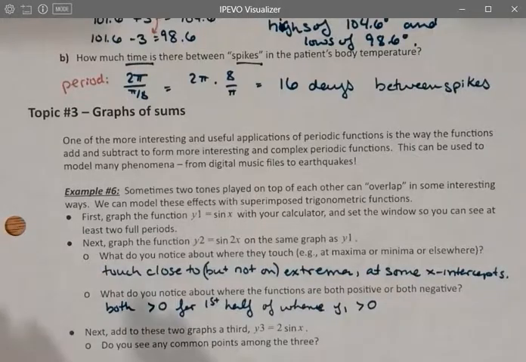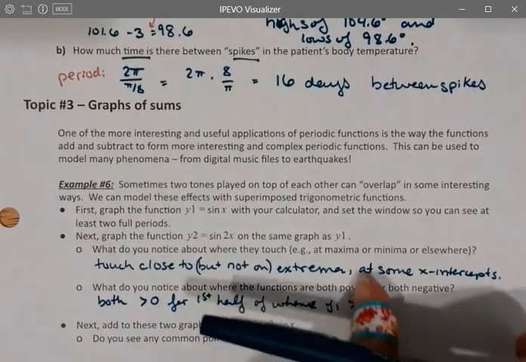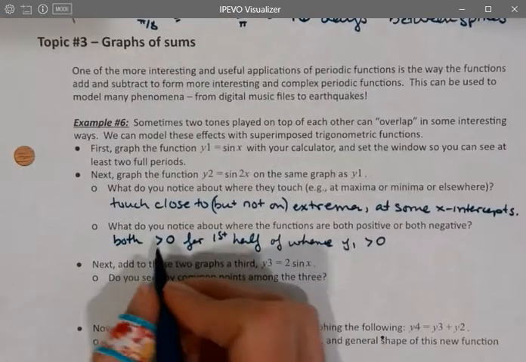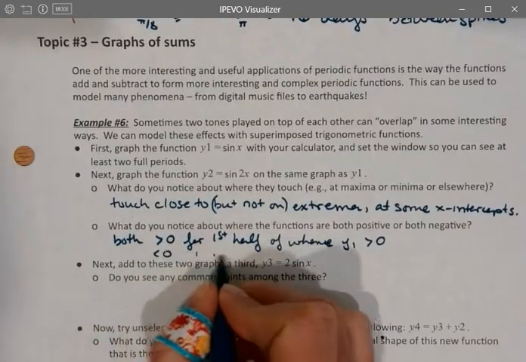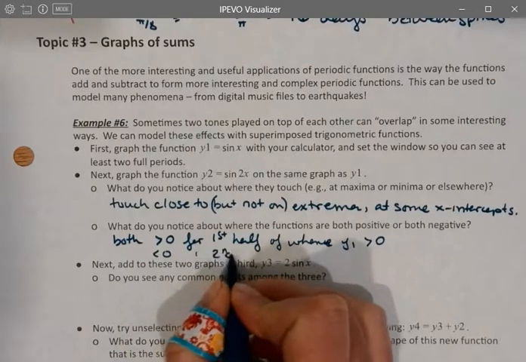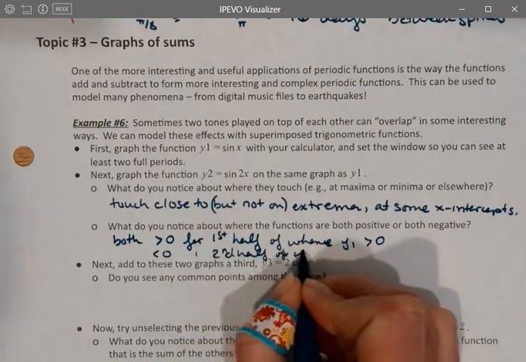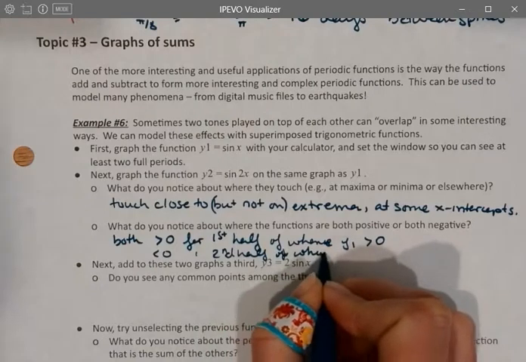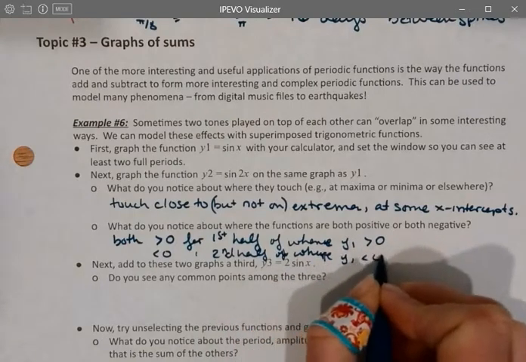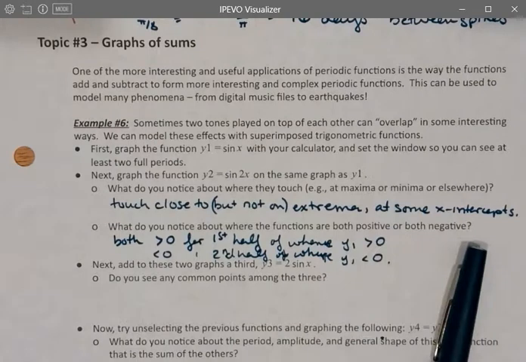So they're both greater than 0 for the first half of where y1 is 0, and they're both less than 0 for the second half of where y1 is less than 0. So they do overlap half of the time. Half of the time y1 is positive, they're overlapping.